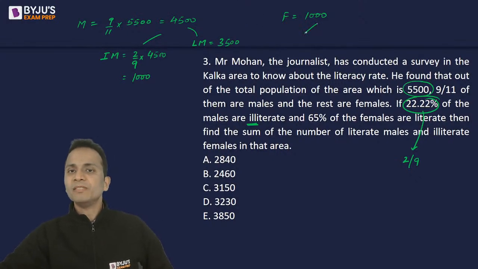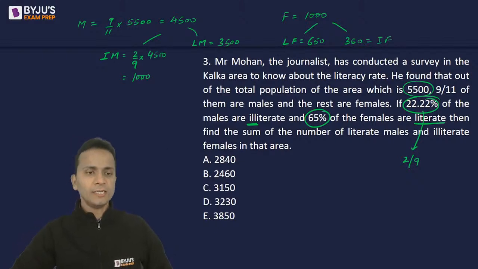Now, among females, 65 percentage of the females are literate. So literate females is 65 percentage of 1000, that is 650. The remaining 350 females will be illiterate females. Done.